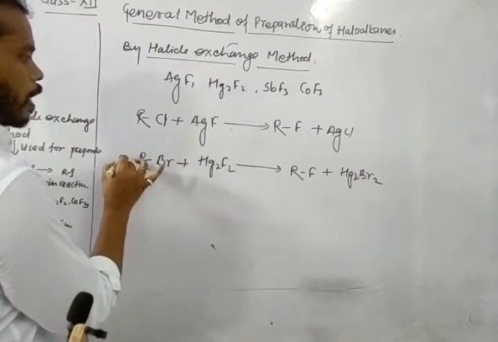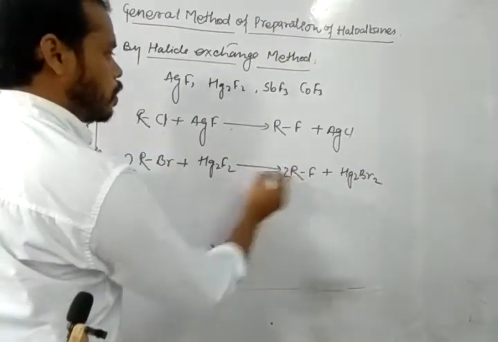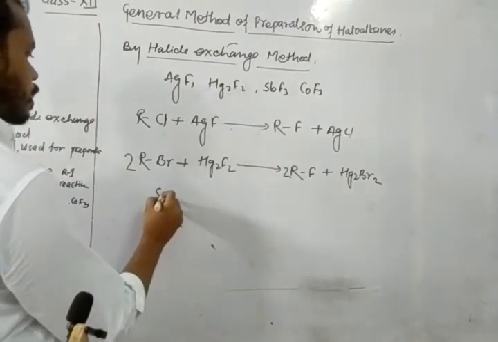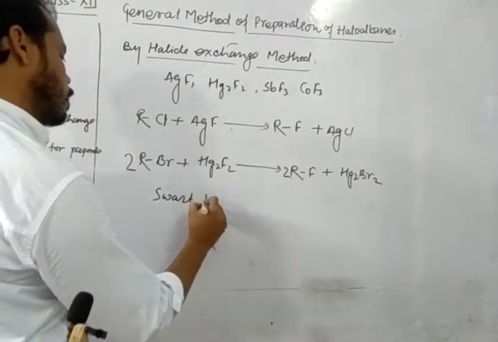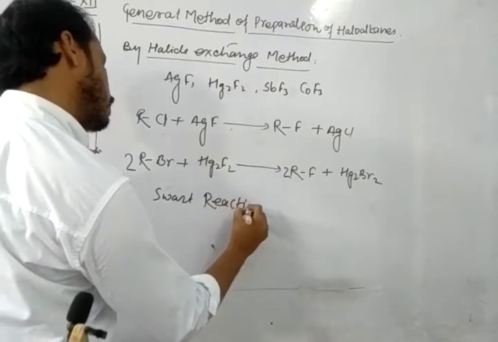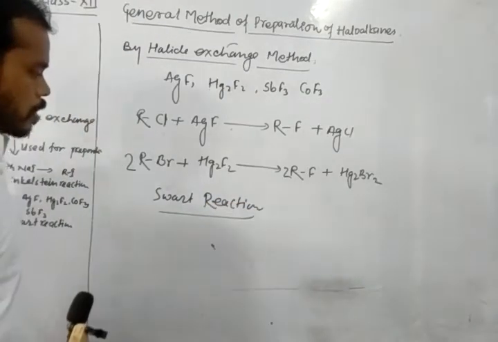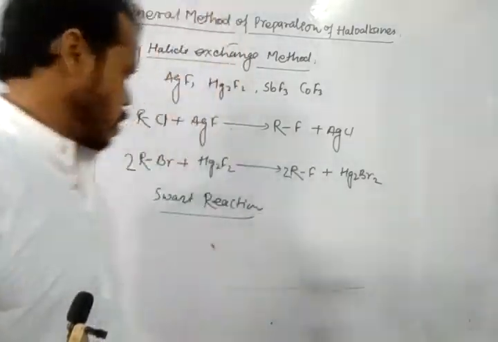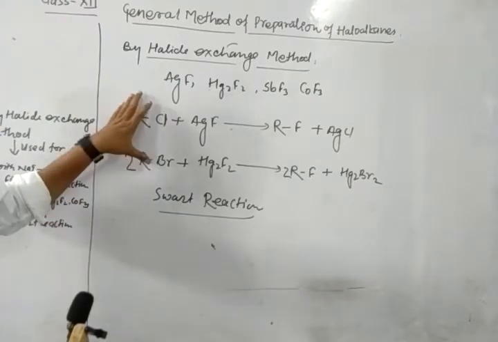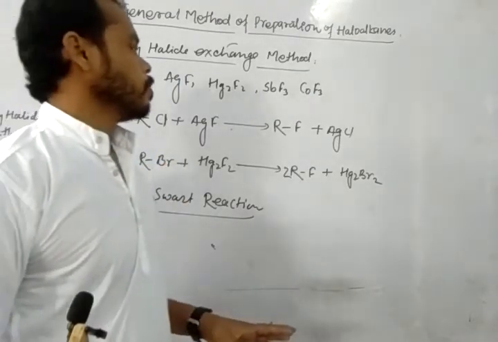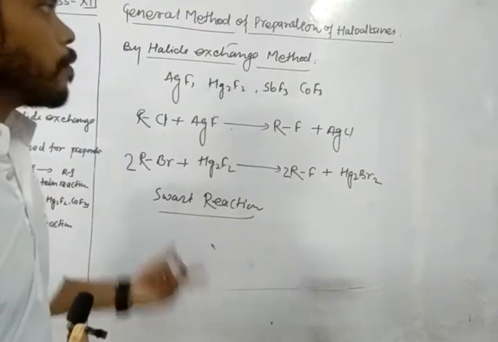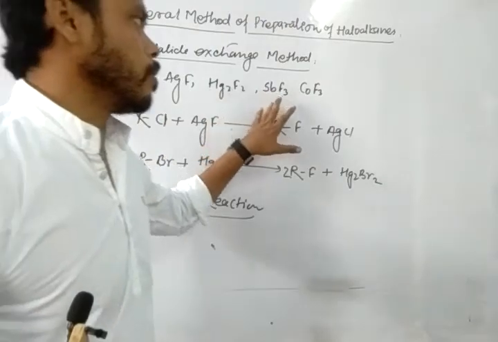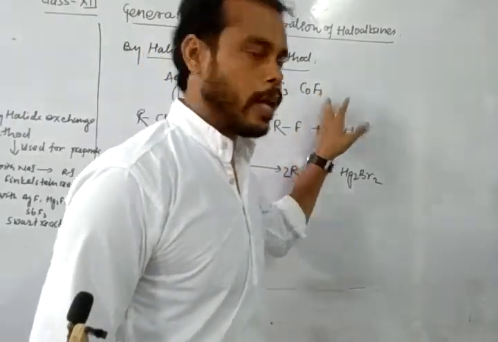Now multiply it with 2, also with 2. Clear? This reaction is known as the Swarts reaction. Sometimes it may be asked what is the Swarts reaction, or write a short note on it. In the Swarts reaction, chloroalkanes or bromoalkanes are treated with a metallic fluoride, which may be silver fluoride, mercurous fluoride, antimony trifluoride or cobalt trifluoride.